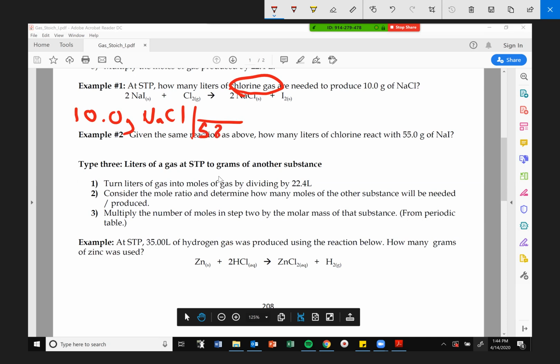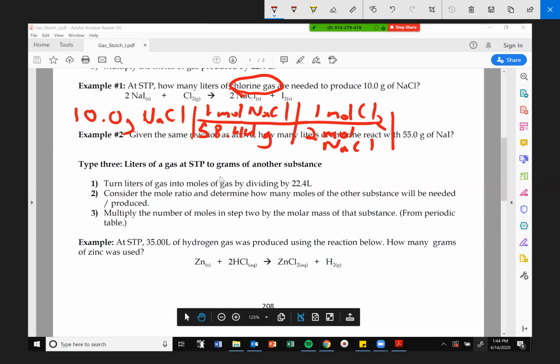For every 58.44 grams, we have 1 mole of NaCl. And I know for every 2 moles of NaCl, I need 1 mole of chlorine gas, Cl2. And the last step, which is kind of new, is for every 1 mole of Cl2 gas, I know that that is 22.4 liters.